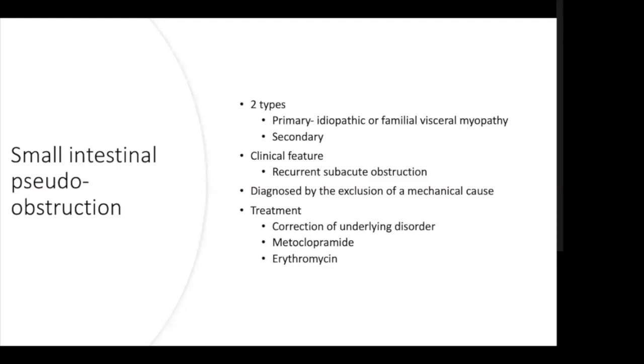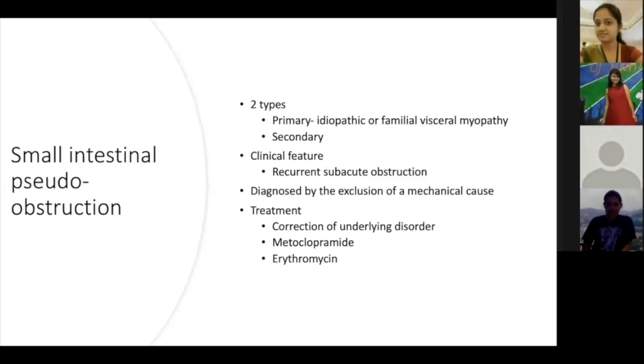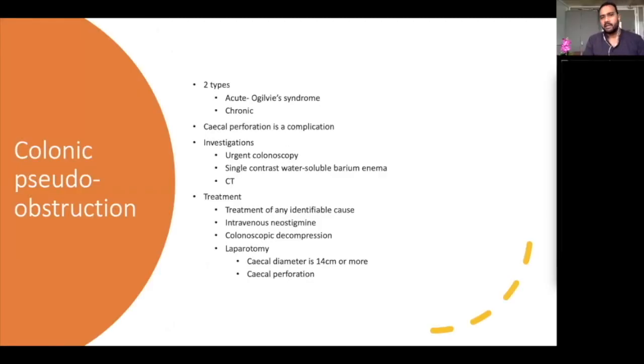But in small intestinal pseudo obstruction, there's a place for metoclopramide. But we have to exclude all the other underlying causes or diseases, then it will come under small intestinal pseudo obstruction. So, colonic pseudo obstruction, there are two types.